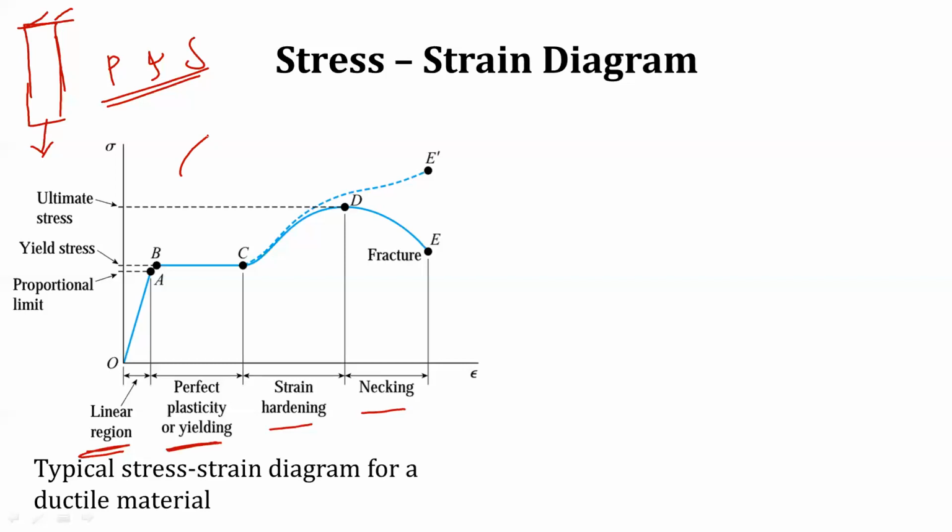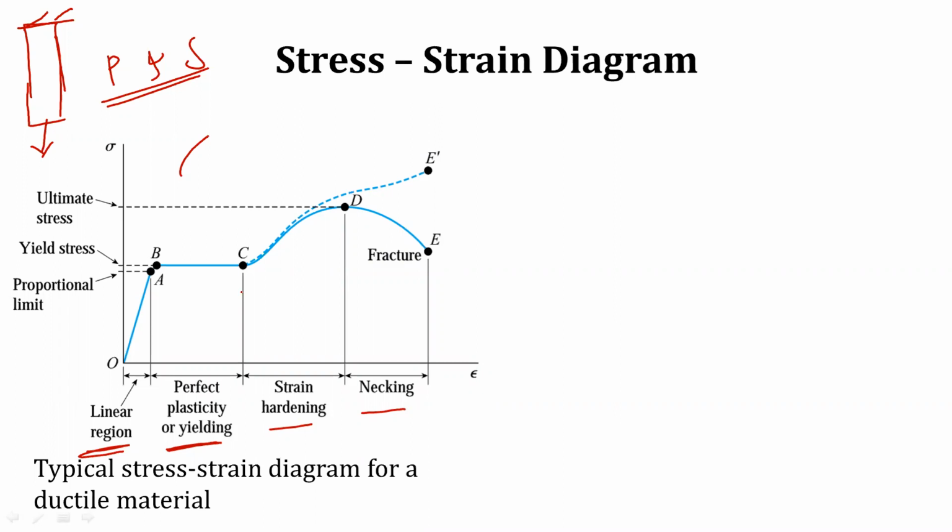So this point B is called the yield stress, because at this point B the yielding region will start. Yield means the permanent deformation. That is called yielding, and this yielding process will start from B to C.